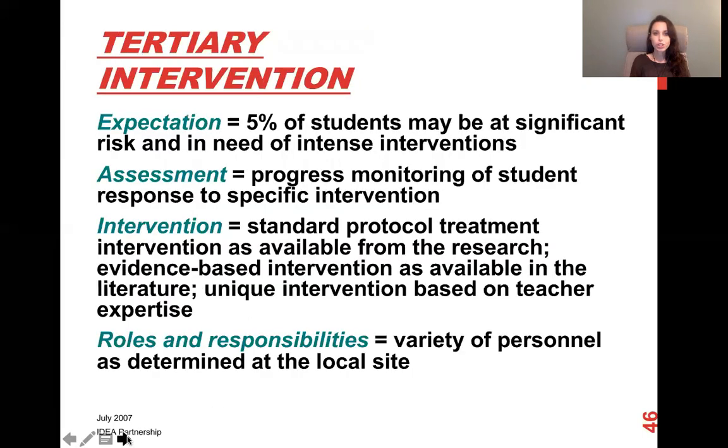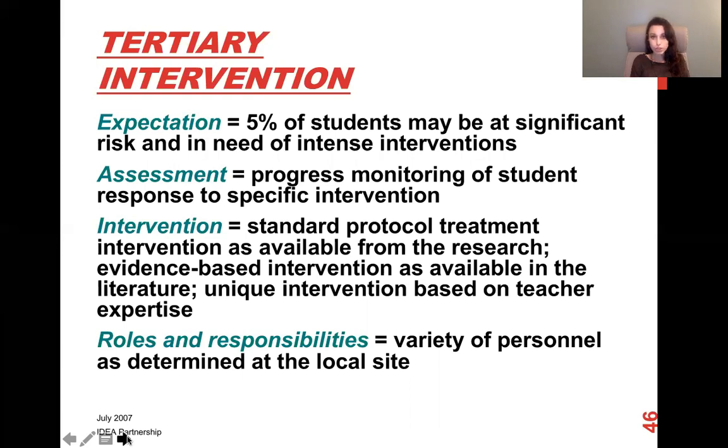And then this third tier, this is the 5%. This is the most extreme situations of academic failure and behavior that you're going to see. There are different individuals who help with this as well. Once again, it could be whoever's in charge of RTI at your school or the PBIS coach that is in your area, and it could take some pull out.